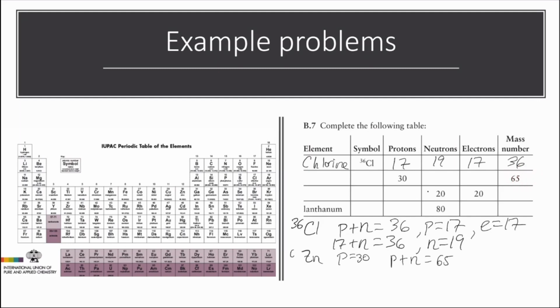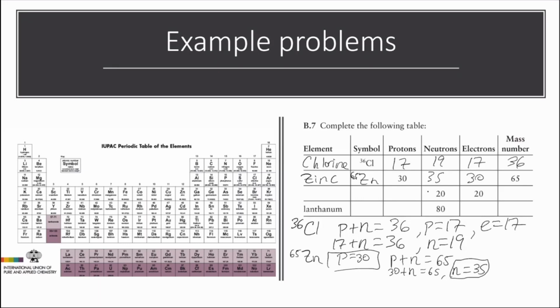So this is zinc 65, and then if number of protons is 30, then number of neutrons is 35. Okay, so filling this out, neutrons 35, and then number of electrons has to be equal to protons 30, and this is zinc 65, and zinc for the element.